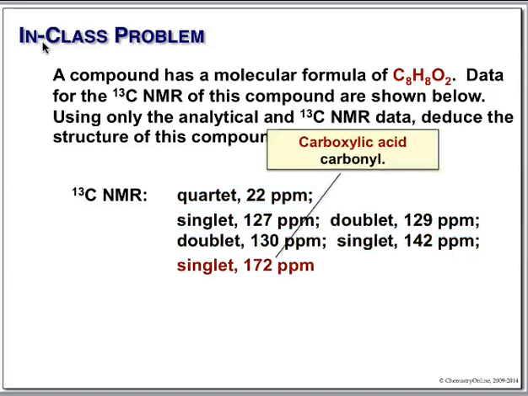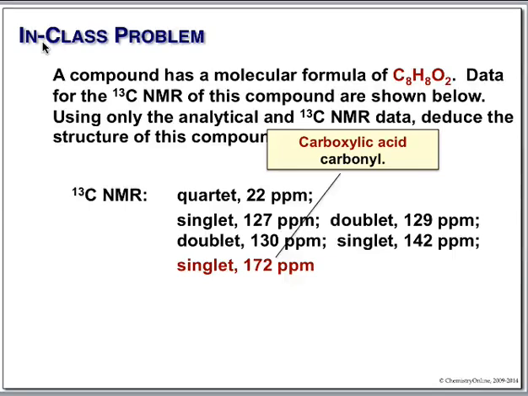Now you might ask yourself why I say carboxylic acid. We have 2 oxygens. It could be an ester too, couldn't it? Well, I suppose it could be, but we know that it isn't. How do we know it isn't? Think about the aromatics region.